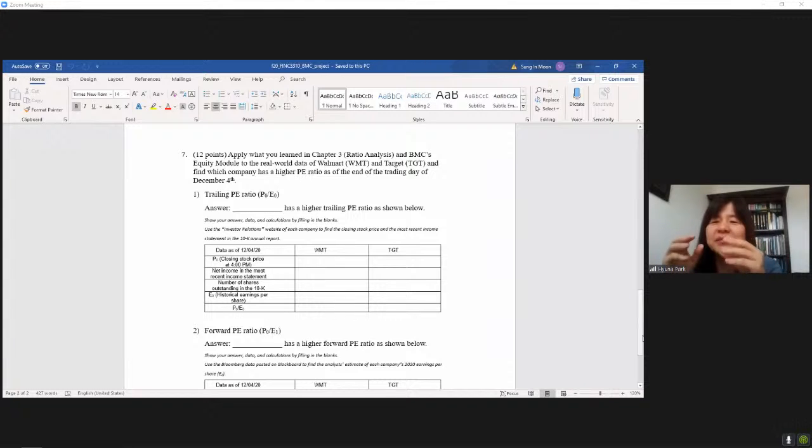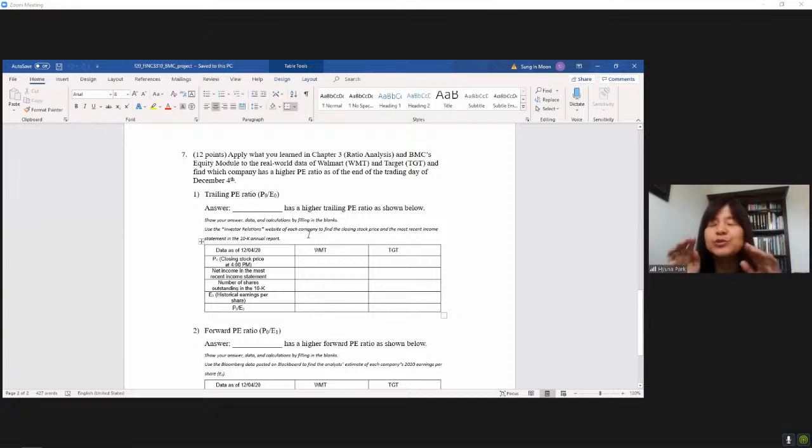Also on top of that, I'm asking you to use the internet and go to the Walmart and Target company websites, the investor relations websites. So that's what I wrote here. Use the investor relations website of each company.